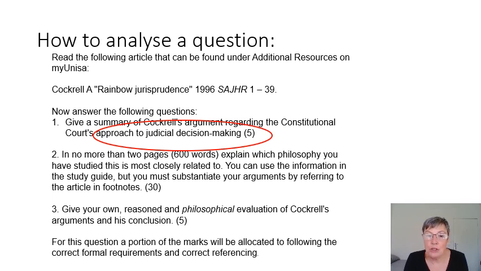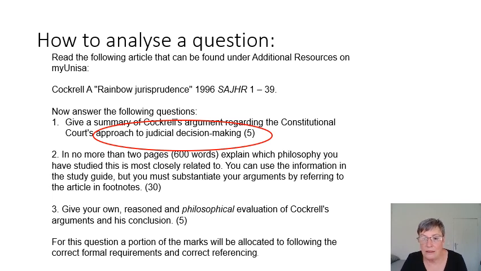So you now need to have the summary you have of that section in your study guide next to you while you're reading Cockrell's article, so that you can look for what he is arguing against and what he's arguing in favor of. And if you have the material next to you, you will be able to recognize the various things he says, to understand where he's going.